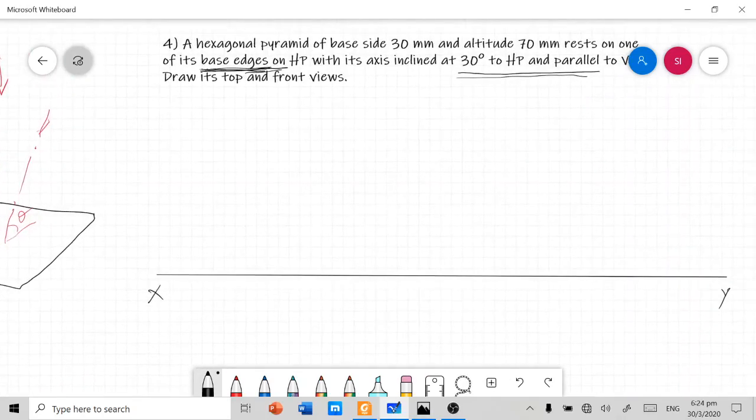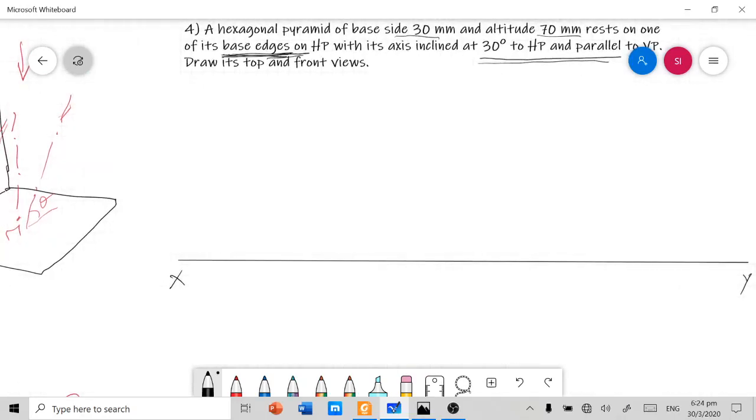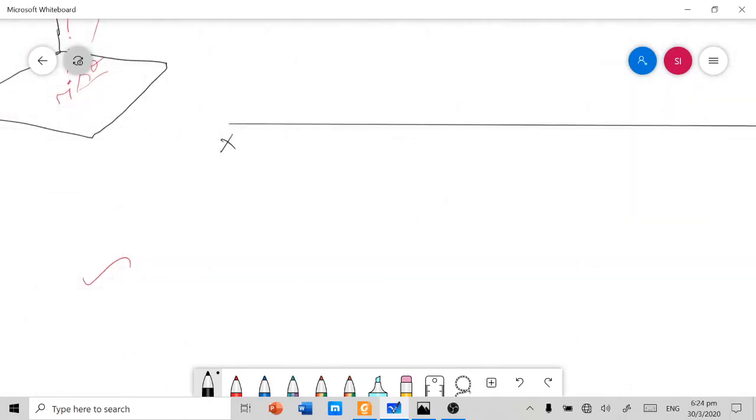The hexagonal base side is 30 mm, axis height 70 mm, and we need to consider the edge resting of the solid in the third step. So I need to draw one base edge perpendicular to the XY line and then the rest of the sides.